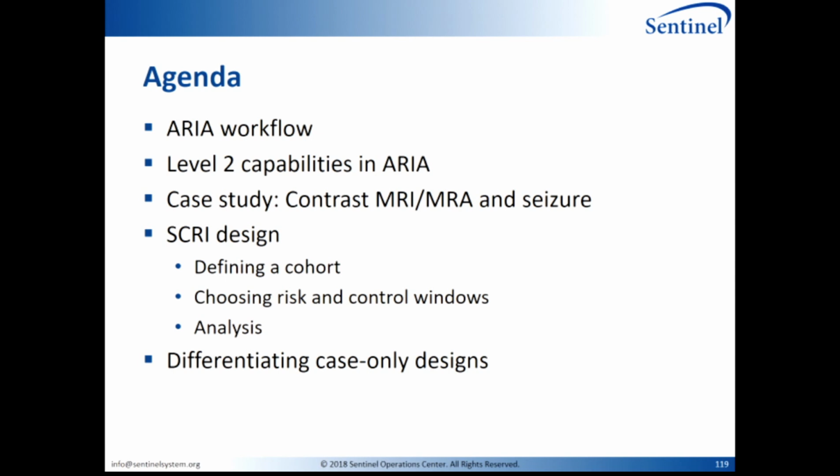We'll talk a lot about how to use the self-controlled risk interval design, defining a cohort, choosing the correct windows, and how to proceed with the analysis. And then we'll talk a bit about differentiating case-only designs so that those of you who are familiar with other case-only designs, such as the self-controlled case series approach, which is sort of a more general version of the self-controlled risk interval approach, will understand better what our tool does in comparison to the other things that are out there.